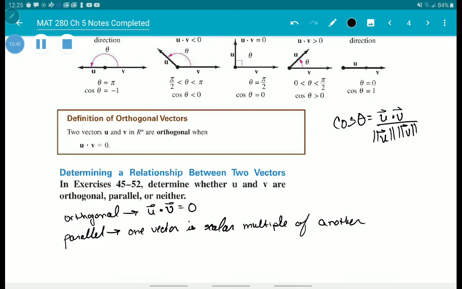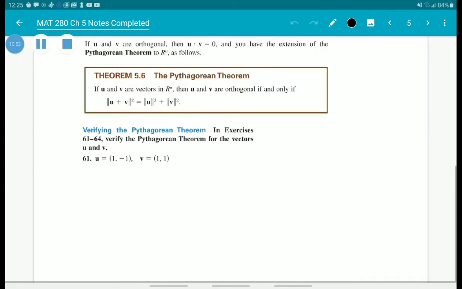So if the dot product's not 0, check for parallel. If one's a scalar multiple of the other, then they are parallel. If neither of those criteria happen, then the set of vectors would be neither. They're neither parallel nor perpendicular.